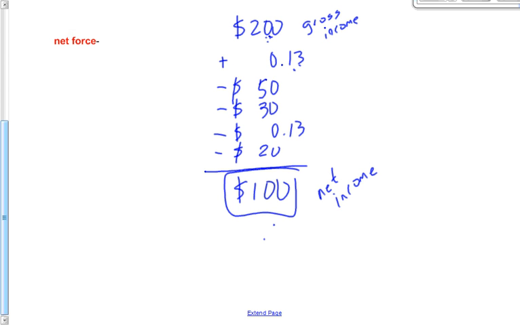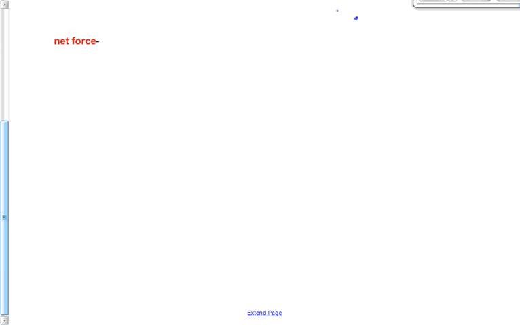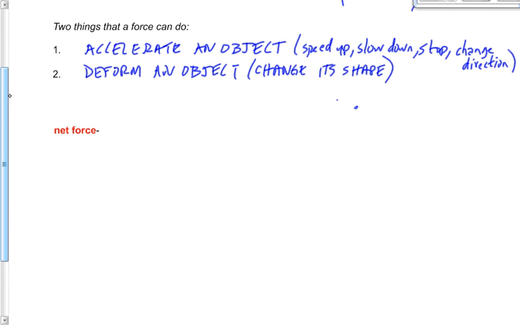Total we think of as being a bigger number, but total can be a smaller number. 200 plus 13 cents, 200 plus negative $50. It's the total, or the unbalanced, when all is said and done. The net force would similarly be the total force acting on something.